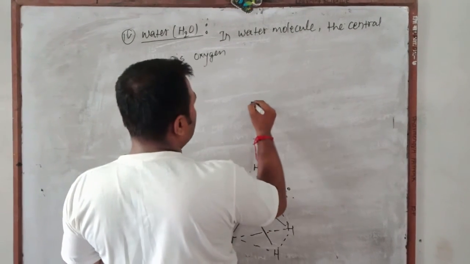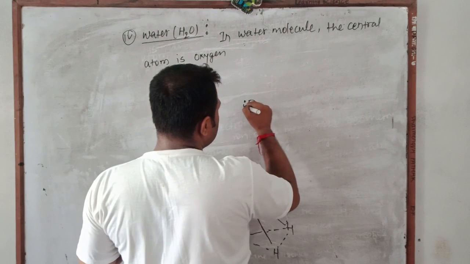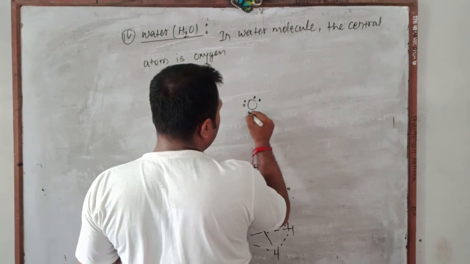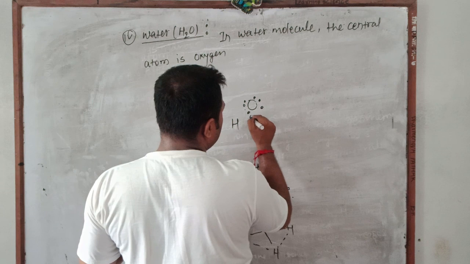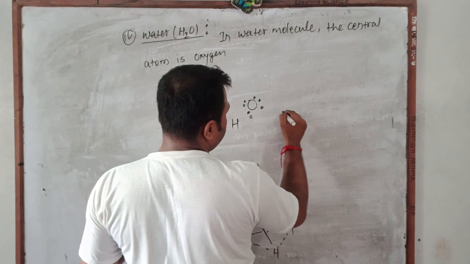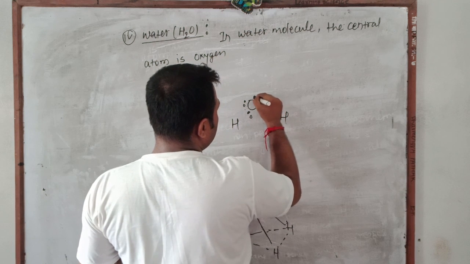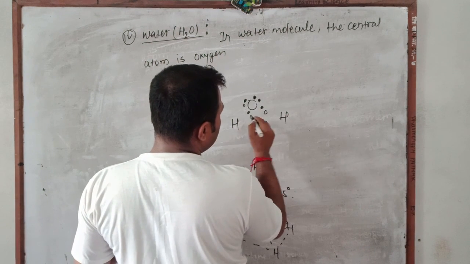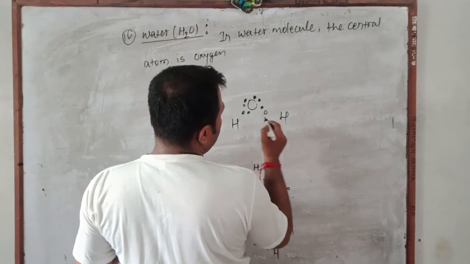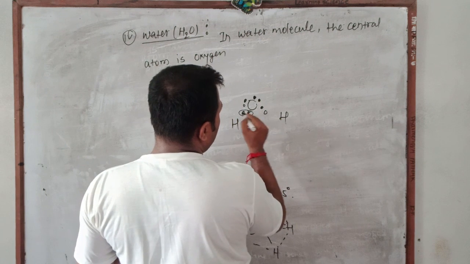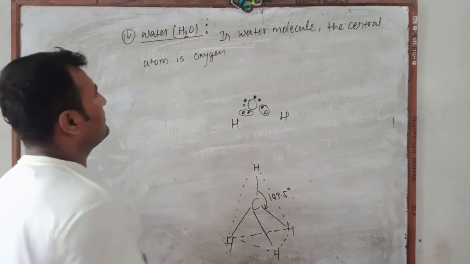Oxygen has 6 electrons and shares with 2 hydrogen atoms. Each hydrogen has 1 electron, and in this way 1, 2, 3, 4 electron pairs are formed.